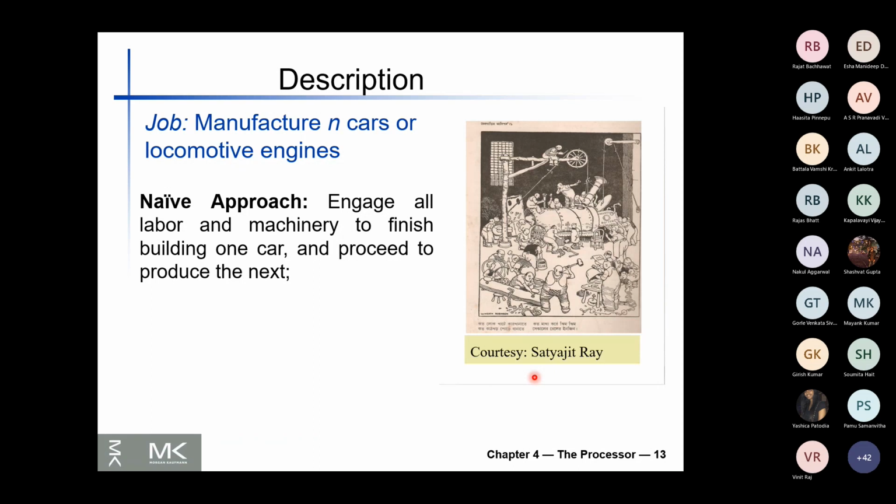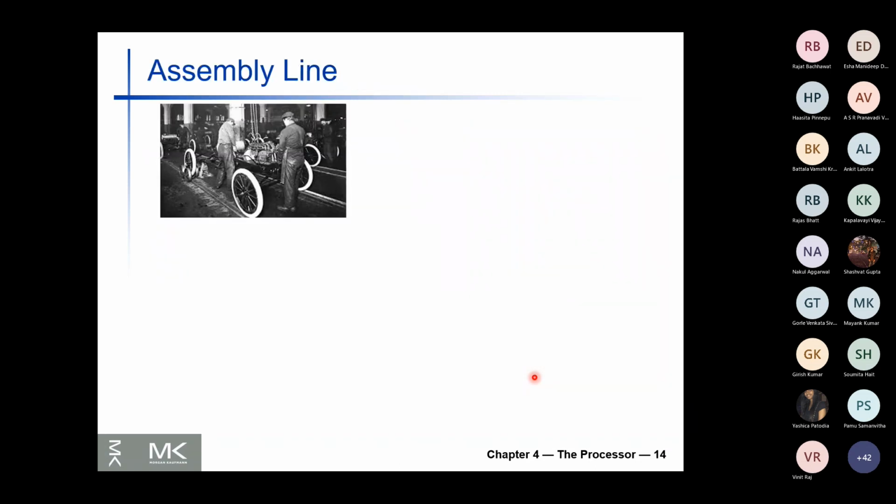So as we have seen in this human transportation chain case, what will be the better approach? Here. You must have heard about assembly line, right? So in assembly line, what do you do?